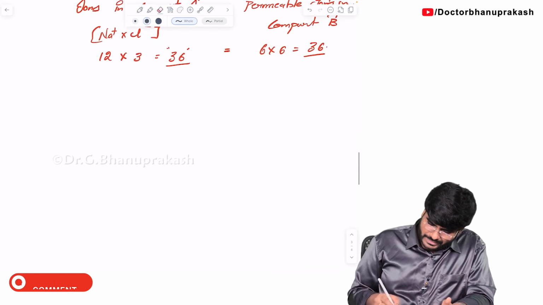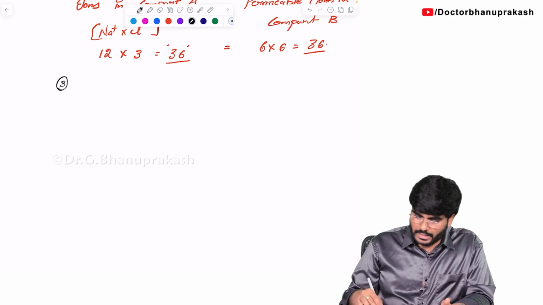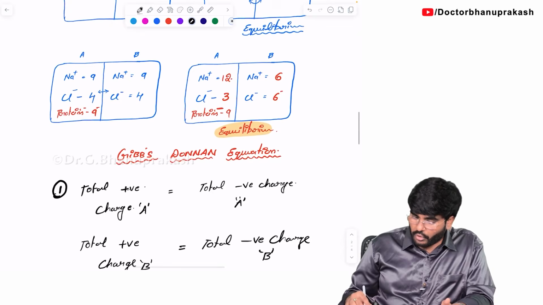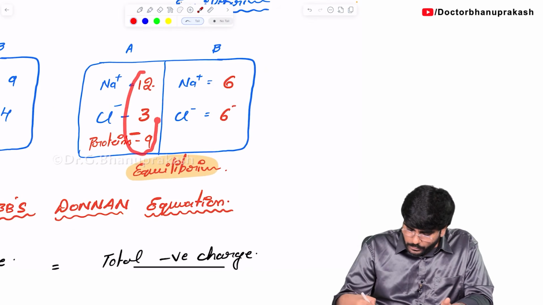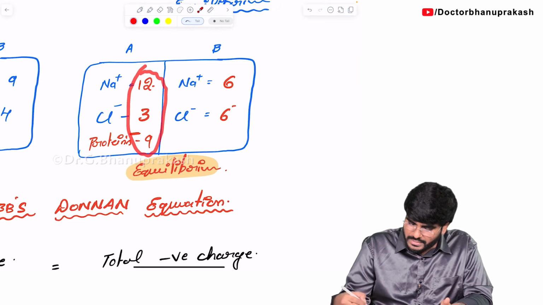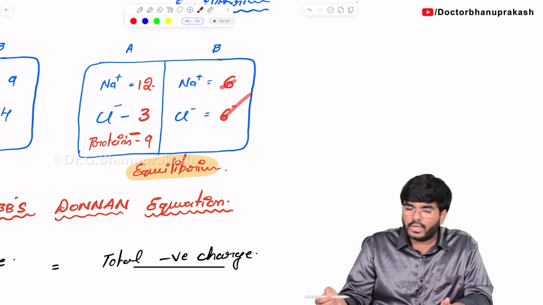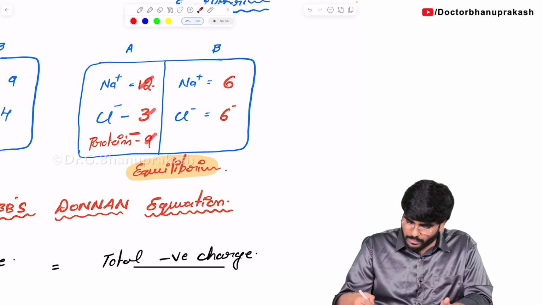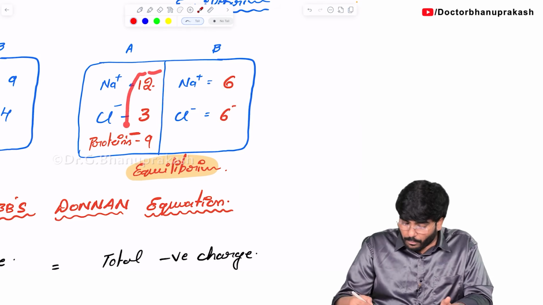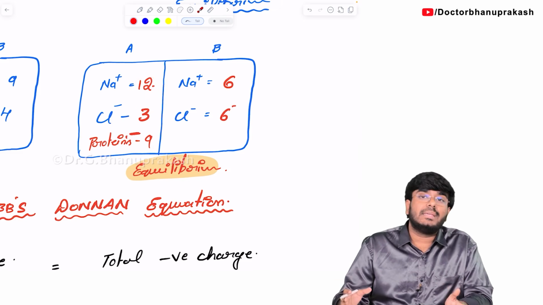Here a difference is there. What is that? Osmolarity. You look at the number of ions. See, in compartment number A, more number of ions are there. But in compartment number B, fewer ions are there, 6 plus 6, only 12 ions. The more the number of ions, the more the osmolarity.